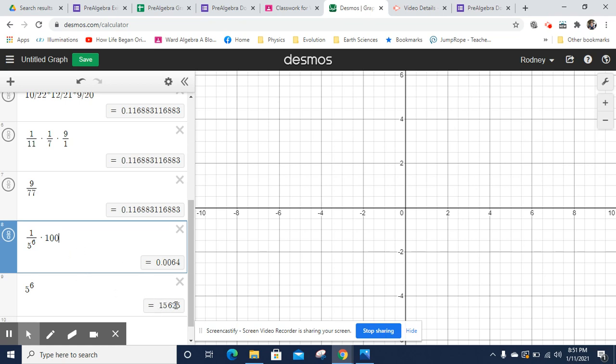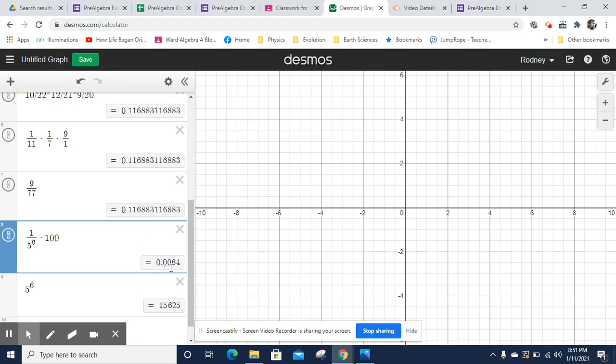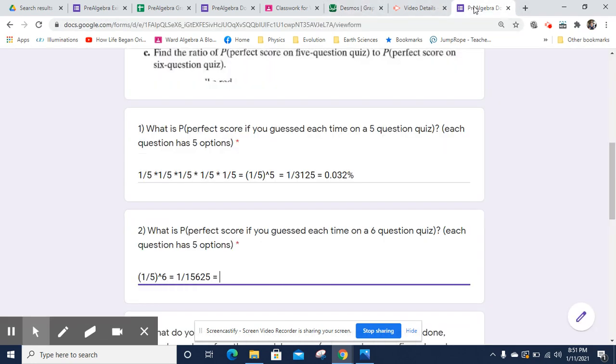So it's going to be 1 over 15,625, which equals 0.0064%. Again, not a recommended strategy.